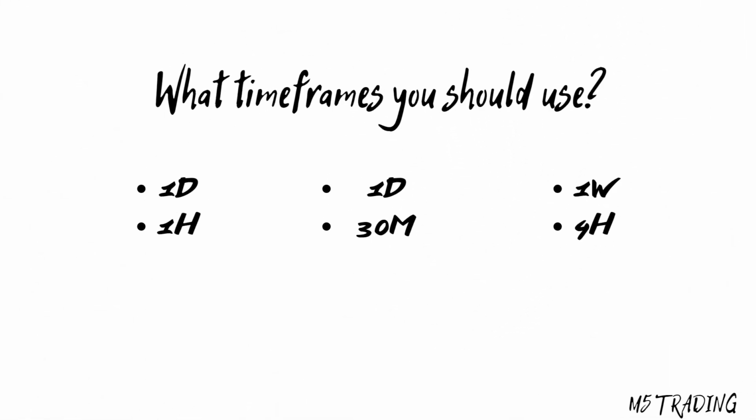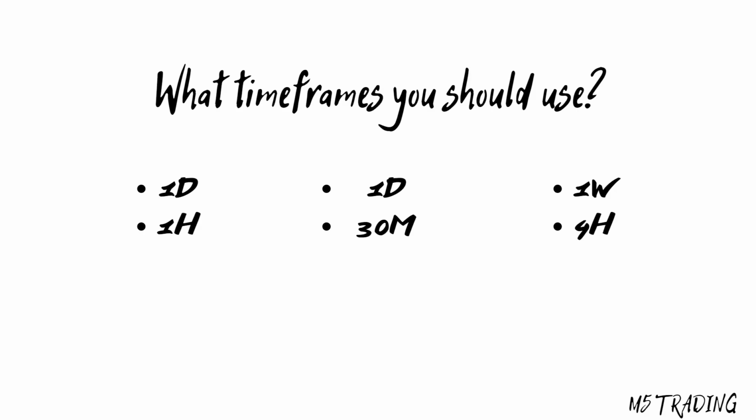What timeframes should you use? First of all, you have to understand that these are just examples, and you can make your own combinations, or you can use these combinations. You need to do your own research and your own backtest. For example, I use the daily timeframe with the 30-minute timeframe, and our other mentor uses the daily timeframe with the 1-hour timeframe. Also, if you want to trade swing, you can use the weekly timeframe with the 4-hour timeframe, or you can make your own combination, as I said.